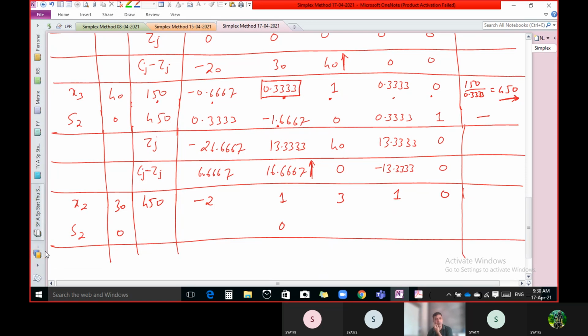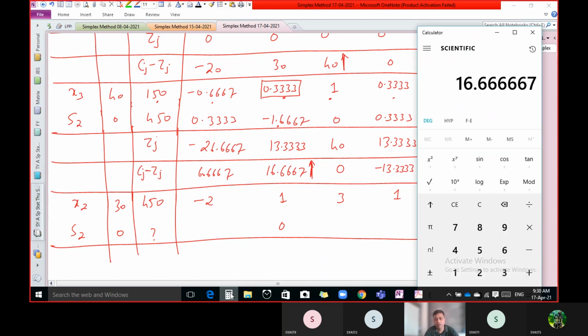And now calculate the remaining values. So how to calculate this? So this 450 minus what? 150 into this. Now let us do the calculation by using the calculator. 150 into 1.66666 divided by key element 0.3333.